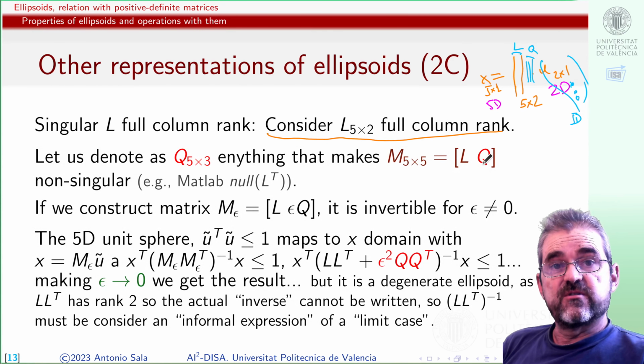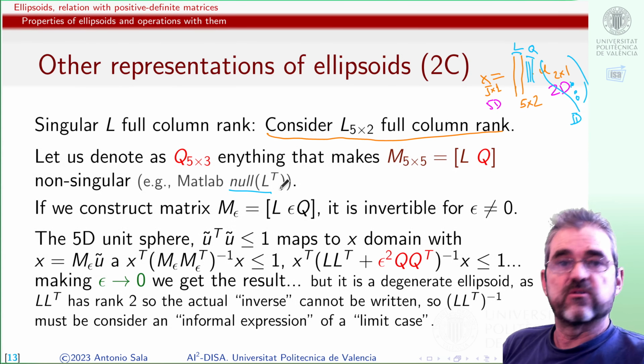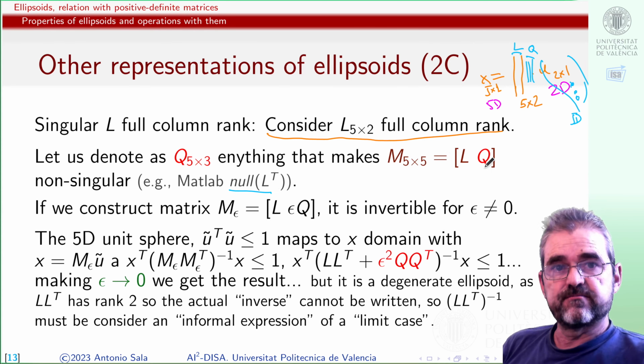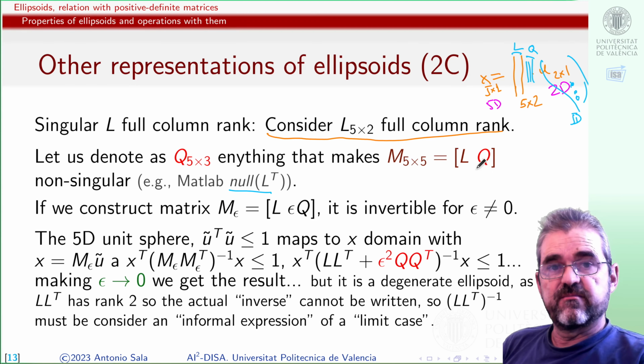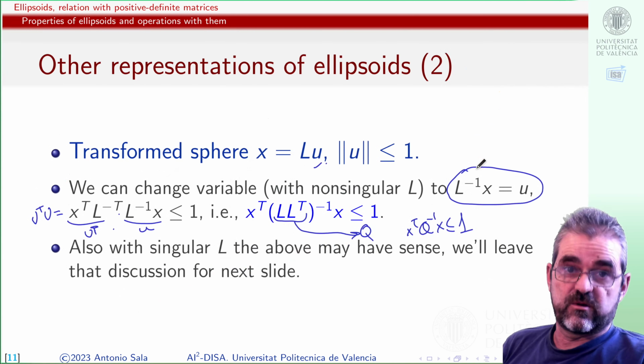And the columns of Q are linearly independent of the columns of L. For instance, with the null command or whatever, I can get those columns in one line in MATLAB. Details omitted for brevity. The thing is that I can complete the matrix until this is invertible. So good. Then, if this is invertible, it means that I can apply this formula with invertible L, now called M.